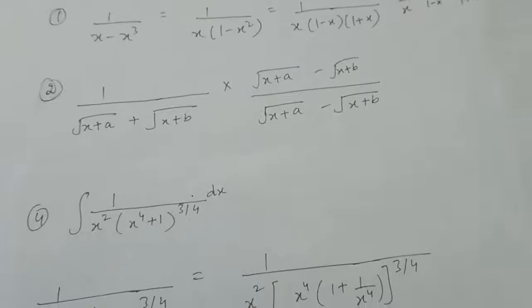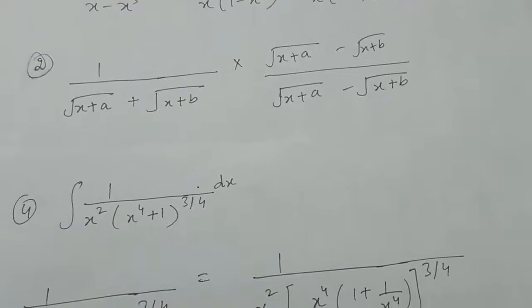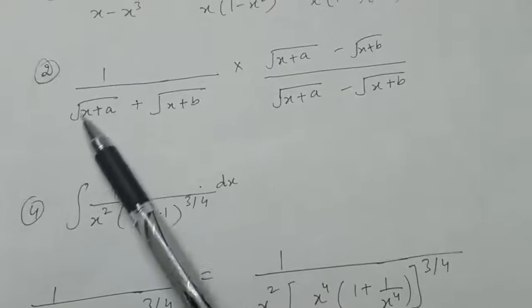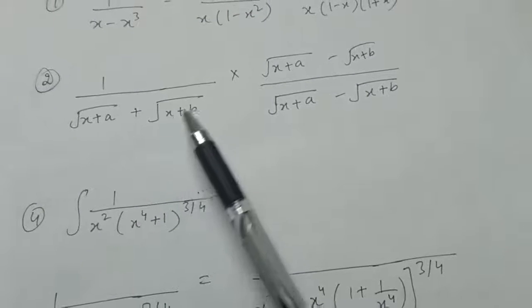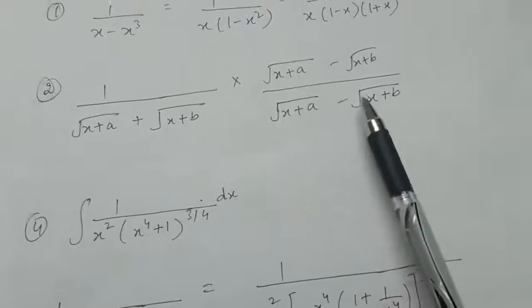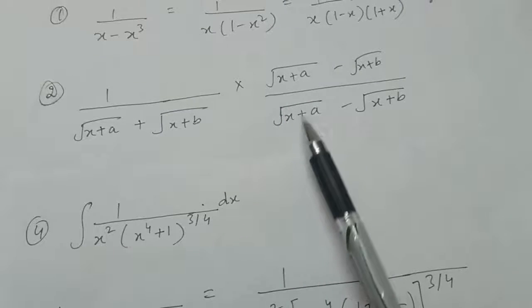Now second question is 1 upon root x plus a plus root x plus b. Now this term which is in the denominator, we do not know the integral of this. Therefore rationalize this function with root x plus a minus root x plus b. Right? Rationalize this function with this term.